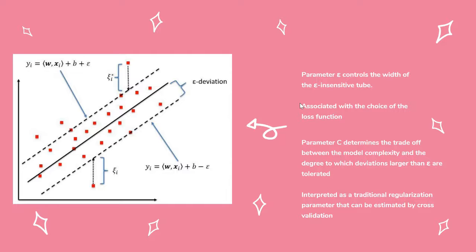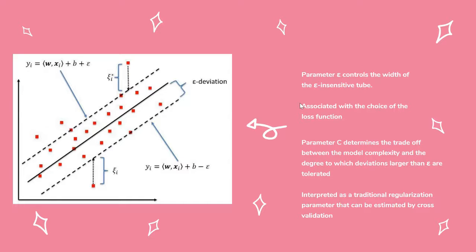But wait, what are epsilon and C? Parameter epsilon controls the width of the epsilon insensitive tube. The value of epsilon can affect the number of support vectors used to construct the regression function. The bigger epsilon, the fewer support vectors are selected.